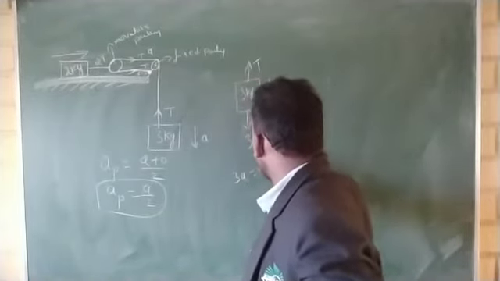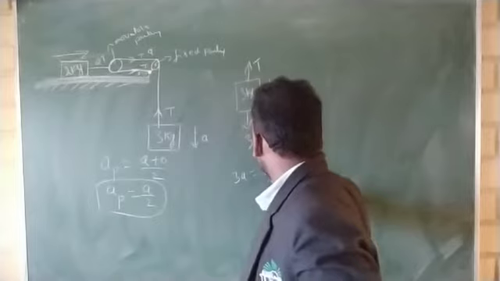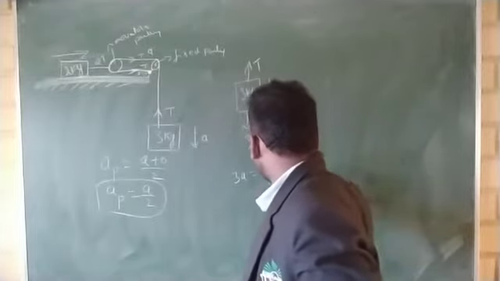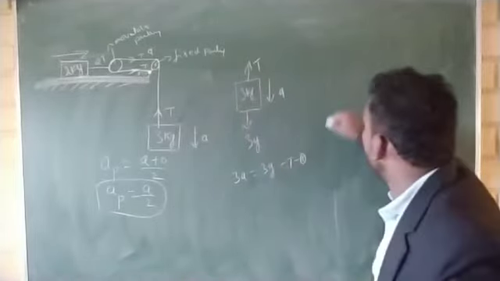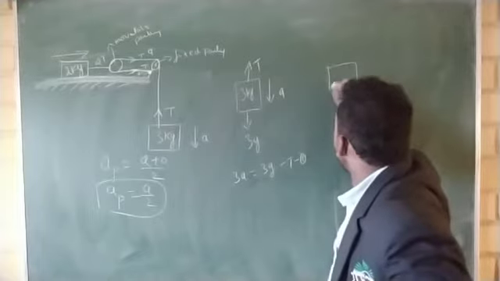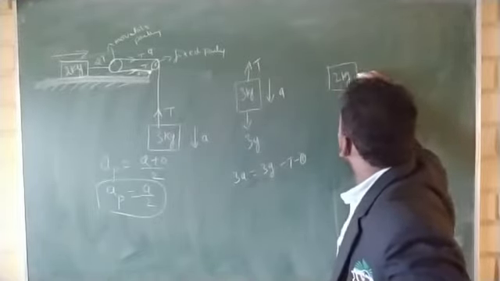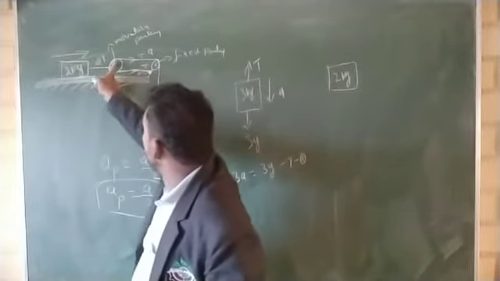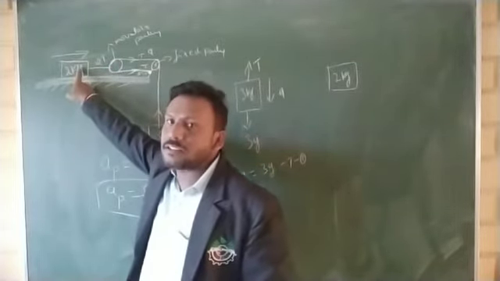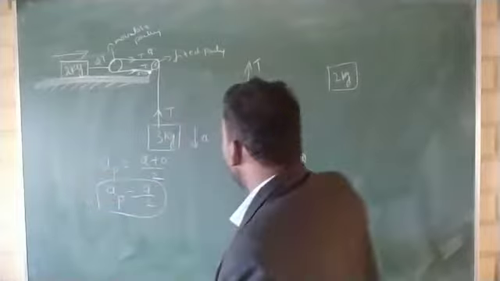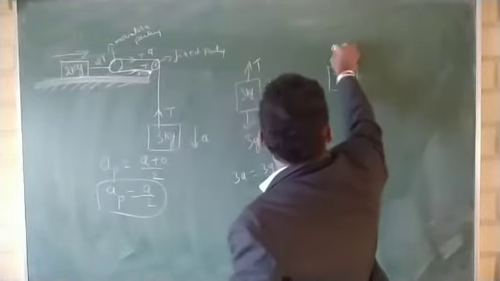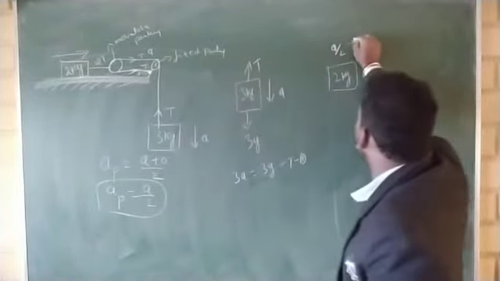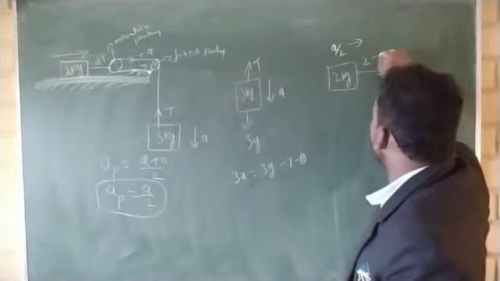3a is equal to 3g minus T, as equation number 1. And for the second, the 2 kg block, the acceleration is equal to the acceleration of the movable pulley, therefore a by 2, and the tension is 2T.